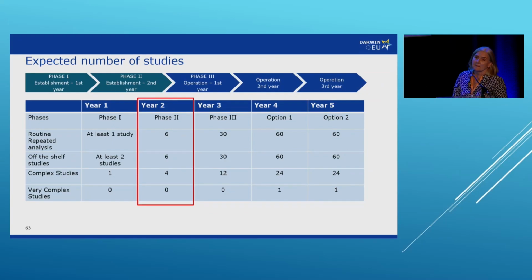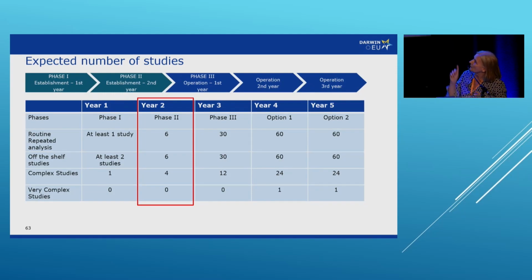This shows the expected number of studies within DARWIN EU. So we have 5 years. In 2022, we had the first year, phase 1, and this was a planning where we had 2 off-the-shelf studies planned. We did 3, 1 complex study, and then routine repeated. Of course, at the start of the study, it's difficult to do routine repeated studies.